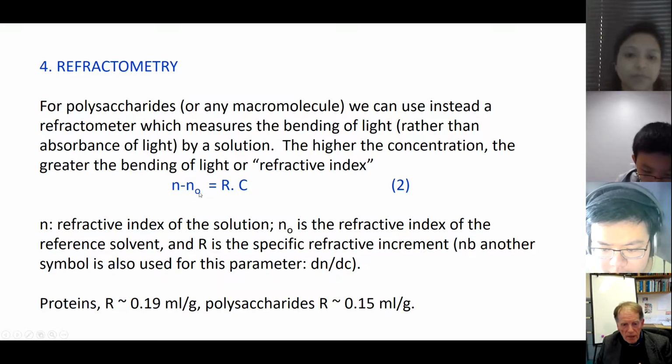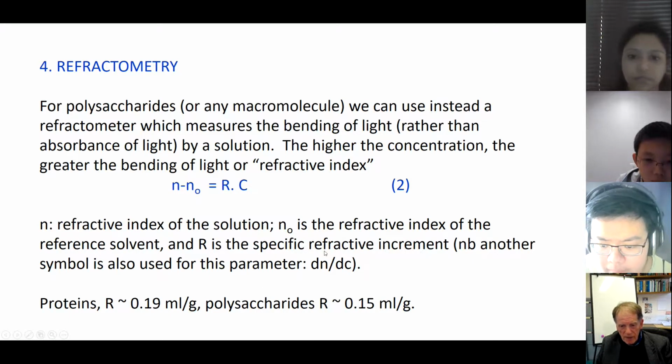So N minus N0 equals concentration times R, the specific refractive increment, which is sometimes given this symbol here, dN/dC.